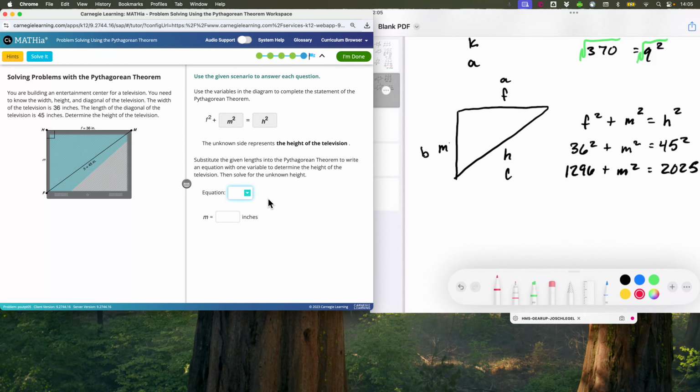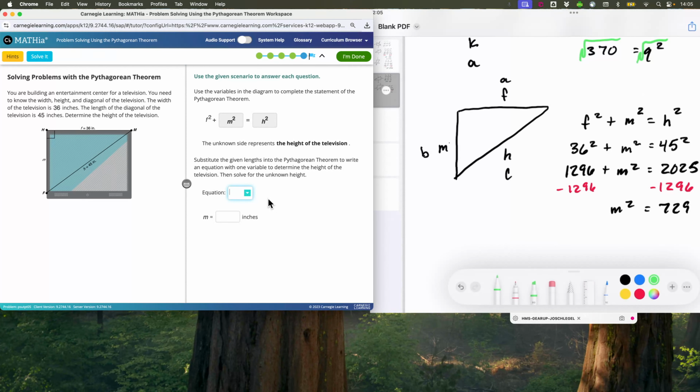We do need to solve for M squared by subtracting 1296. So M squared is equal to 729.